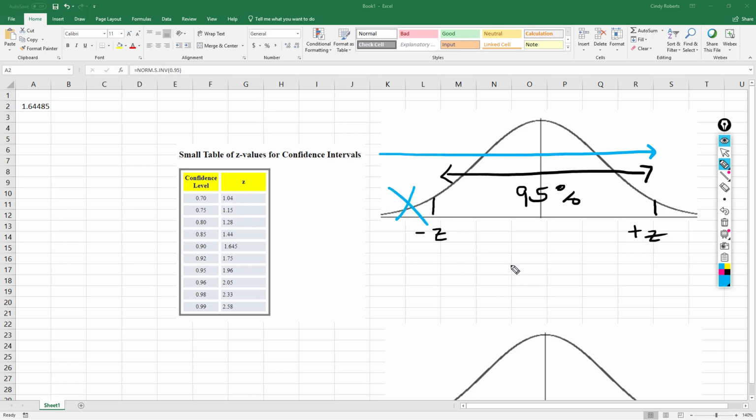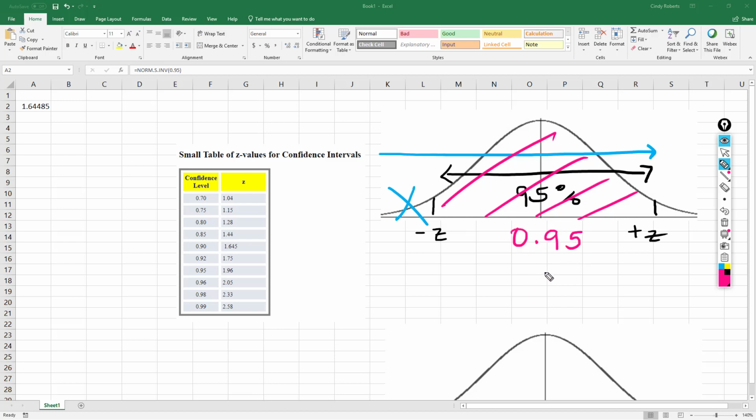What we have to do is going to seem weird, but unless you see this visually, I don't think it makes sense. We have to think about the entire curve adding to what? 100%, right? So let's put this in decimals. This piece inside here is 0.95.